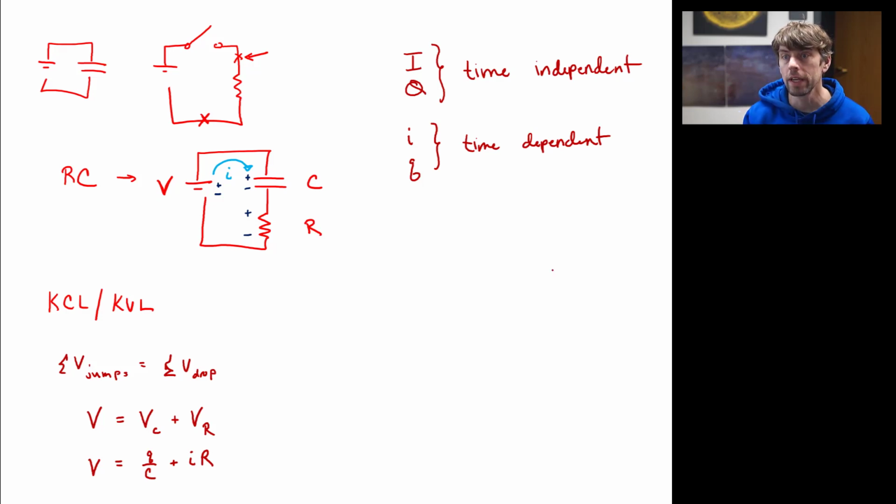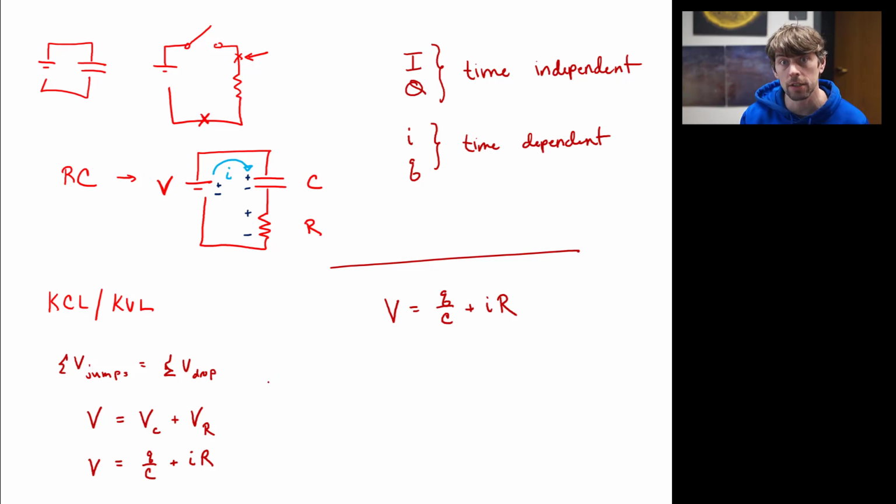Well, we now have completed our Kirchhoff's equation, right? We have V is equal to Q over C plus I times R. And now here we will notice that we actually have a differential equation. Namely, if I recall, the charge that goes onto the capacitor is related to the current running through the resistor.